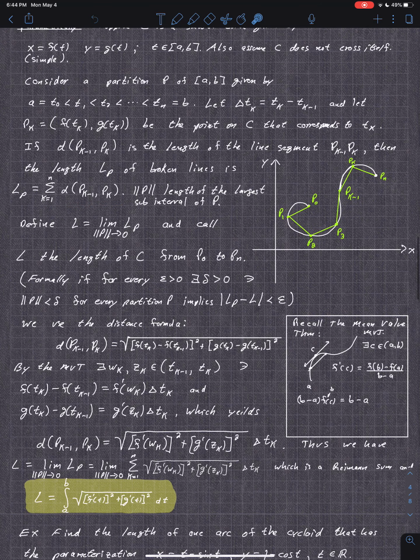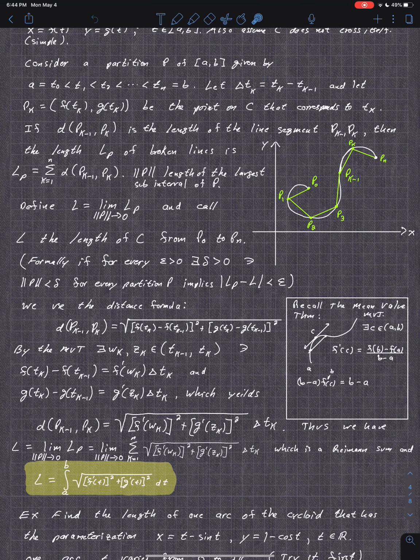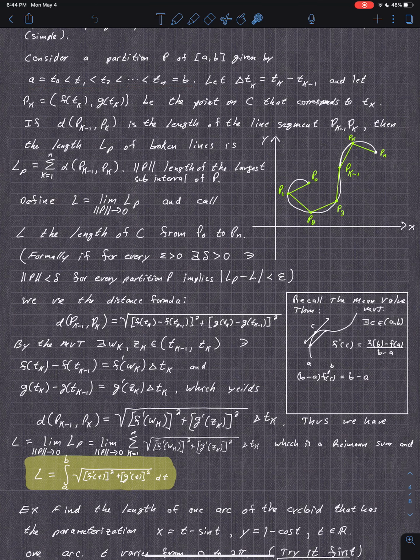All right, as before, the norm of p, where p is this partition, is the length of the largest sub-interval. Whichever interval is the largest, that's the norm, just like we had.